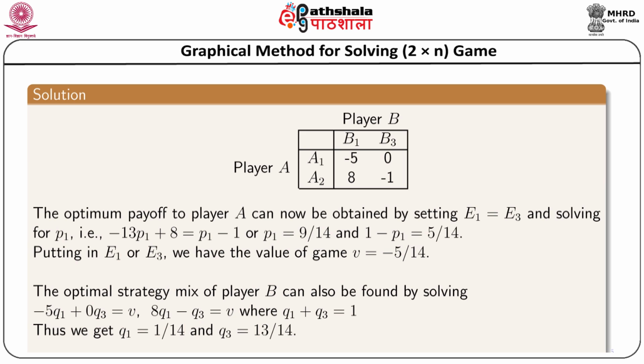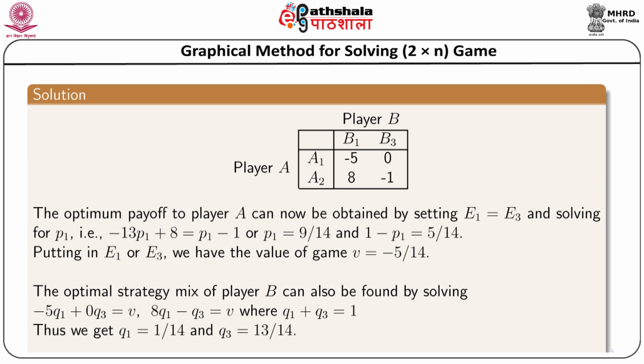Since this 2 by 2 game has no saddle point, we will find the mixed strategies. For this, we assume the probabilities for the strategies A1 and A2 of player A as P1, P2, and for the strategies B1 and B3 of player B with probabilities Q1 and Q3.